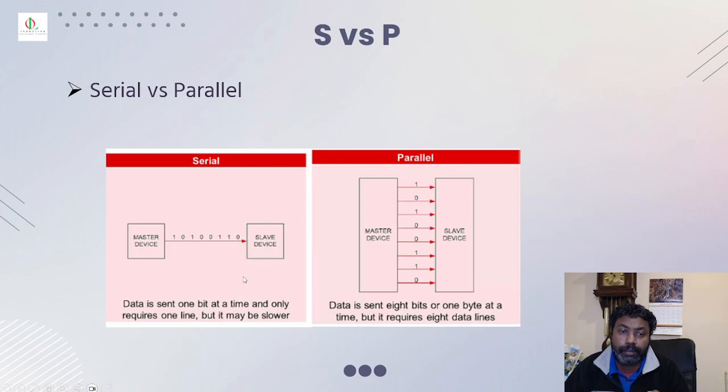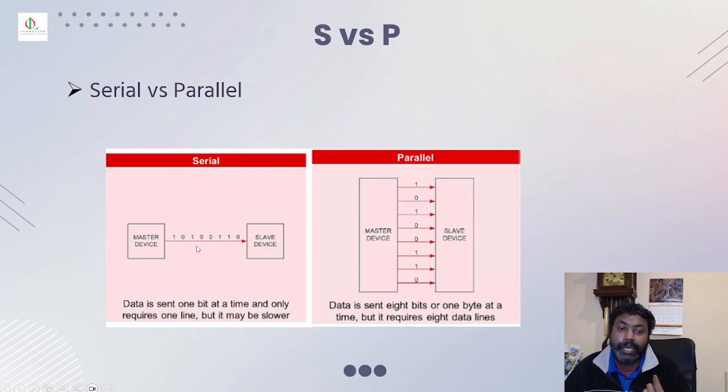Parallel is much faster because at one time you can send 1 byte, so 8 bits can be sent in one instance, but it requires 8 different data lines. Whereas in serial communication, you send 1 bit at a time, and you can do so with just 1 line. So you don't need 8 lines. That's the major benefit.